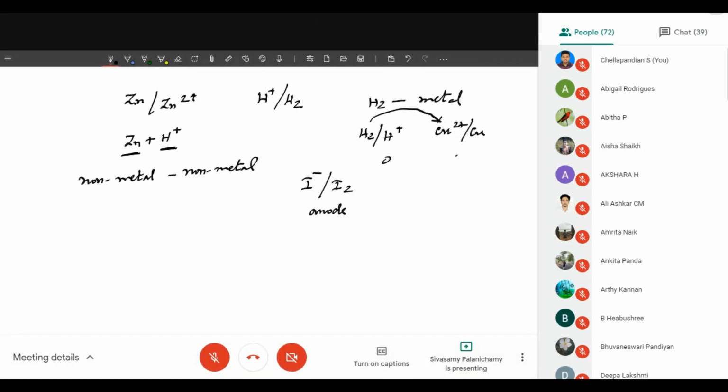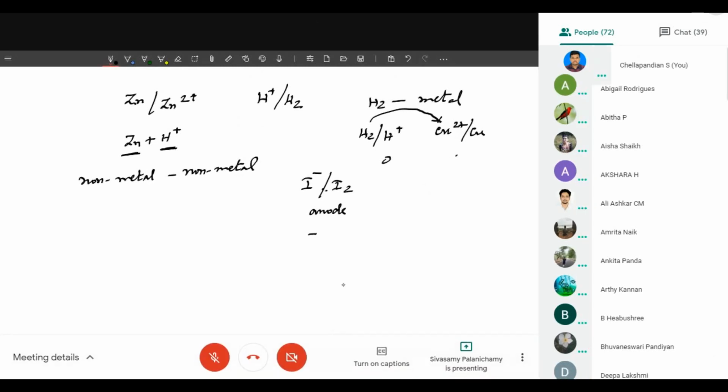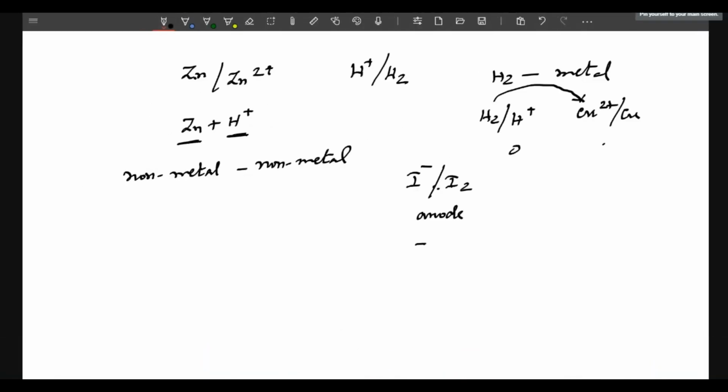The potential of iodide bar iodine is minus 0.54 volt, and chloride bar chlorine is minus 1.36, I think.